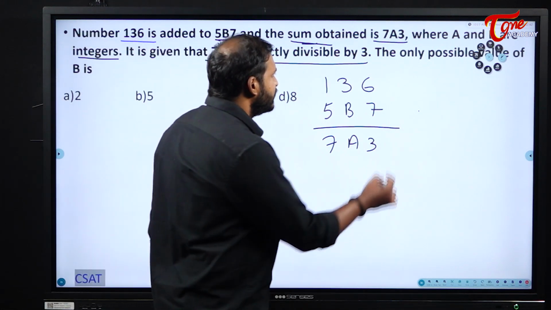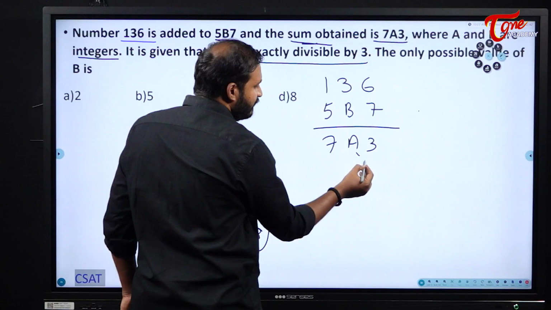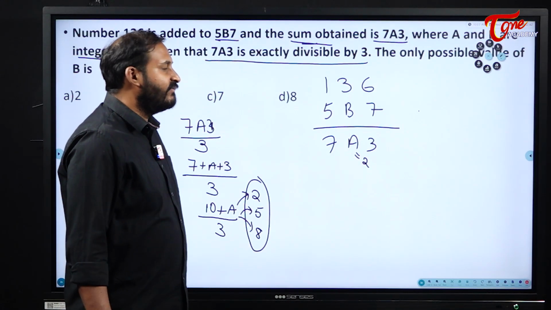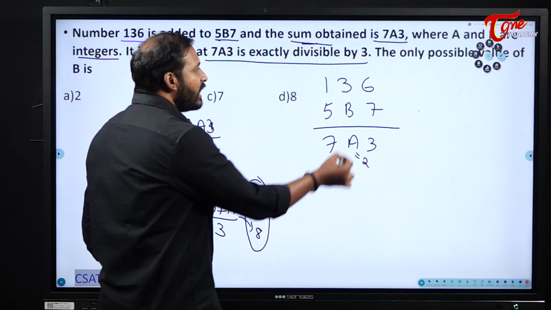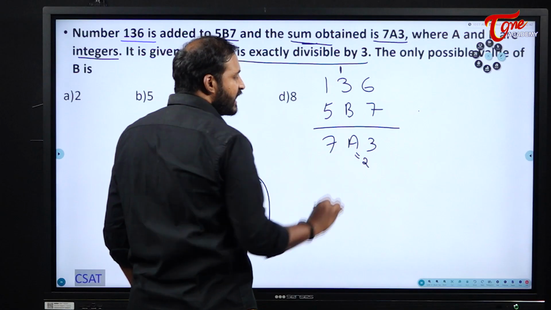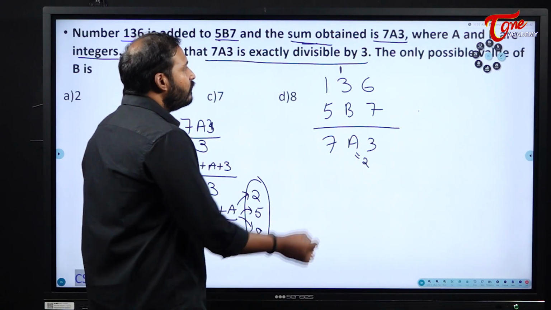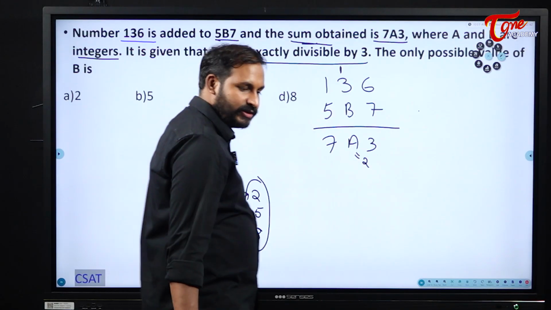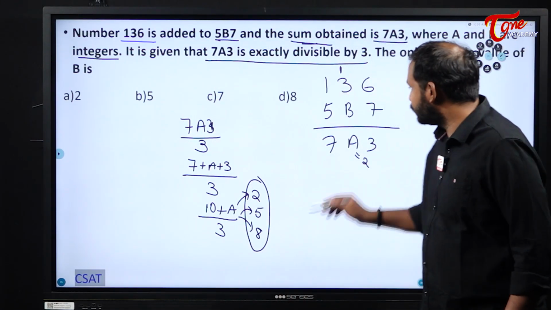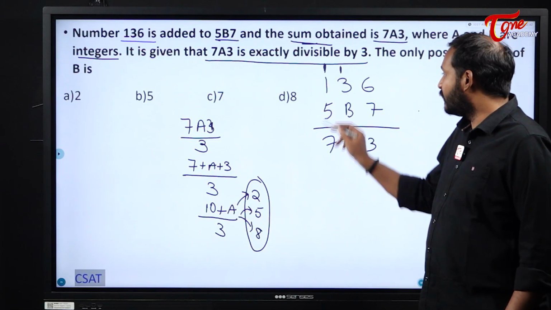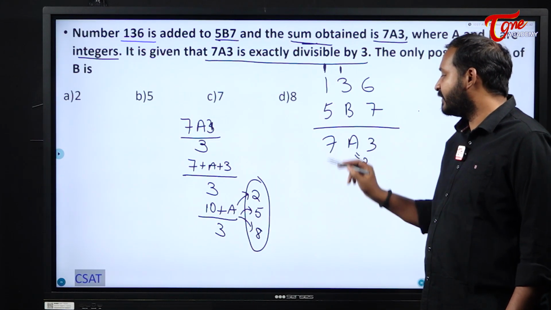Now please see what I can take. First I will take a as 2. If a is 2, what happens to my 6 plus 7? It becomes 13, 1 goes as carry and I am left with 3. Now 1 plus 3 becomes 4. And if a is 2, definitely 1 should come as a carry, then 1 plus 5 is 6, plus 1 becomes 7.